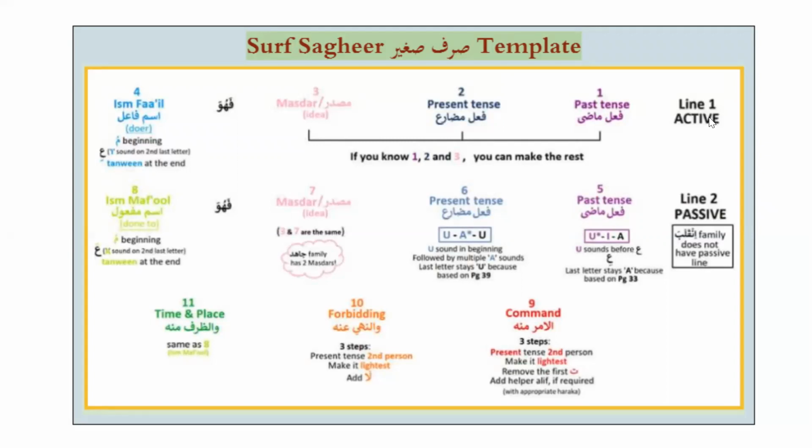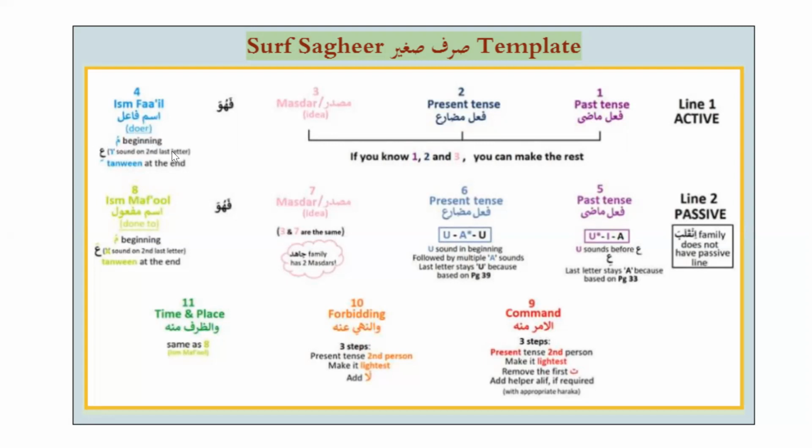Because Arabic is written from right to left, in the first line, on the rightmost corner, first is the fe'l madi, then fe'l mudare, past tense, then present tense, then we say masdar, then the ism fa'il, the doer form of that word, the one who does the action.